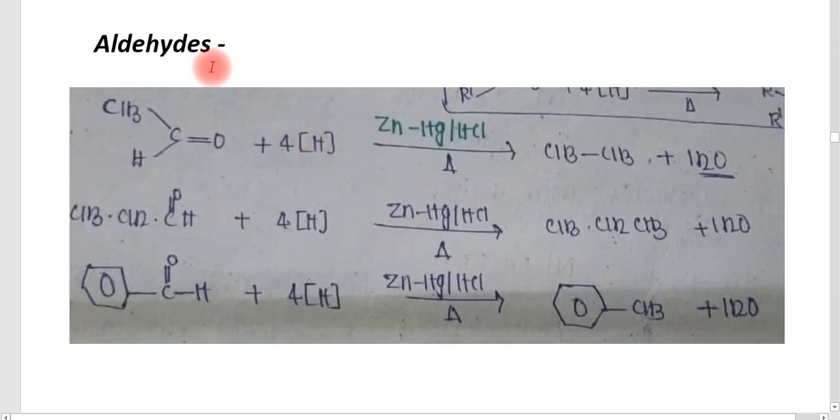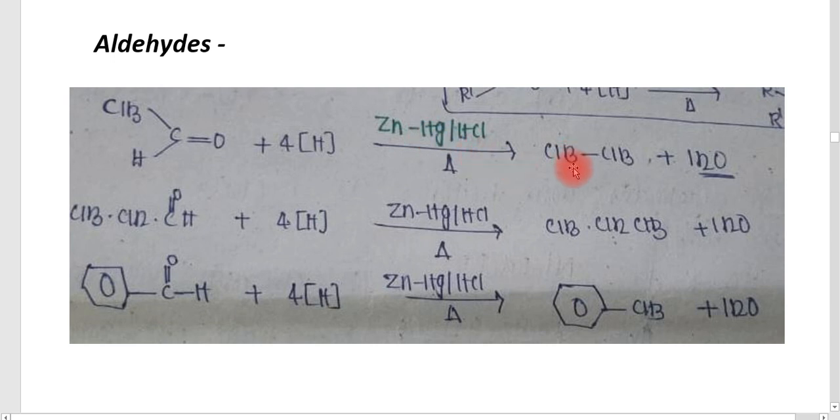We are discussing some common examples of aldehydes that we have already discussed earlier. The common examples can be taken as formaldehyde, acetaldehyde, benzaldehyde, etc. Whatever aldehyde is taken, you will get the corresponding alkane. It is CH3 C double bond OH plus 4 hydrogen in the presence of zinc amalgam and HCl.